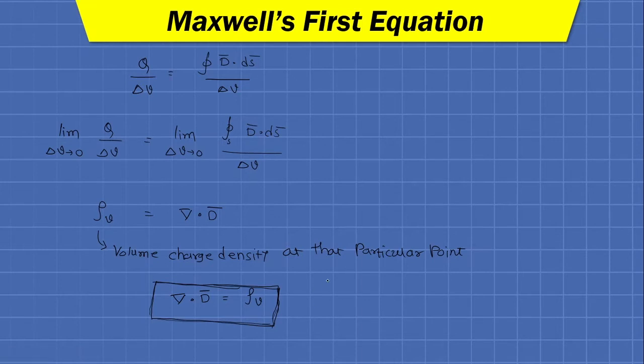Now this Maxwell's first equation is also called the point form of Gauss's law, and it is also called Gauss's law in differential form.